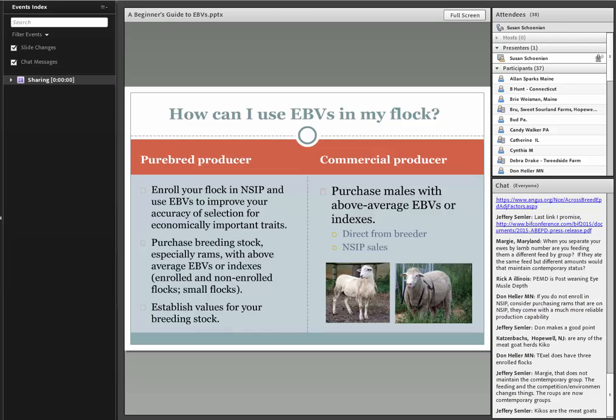I'm going to buy rams that have this performance data, so that I have some confidence that I'm getting a ram that's going to improve the genetics. I can buy it direct from the breeder. You go onto the NSIP website and you can find individual breeders, or I'm going to go to one of the sales that sells NSIP animals, and I'll talk about that in a few slides.